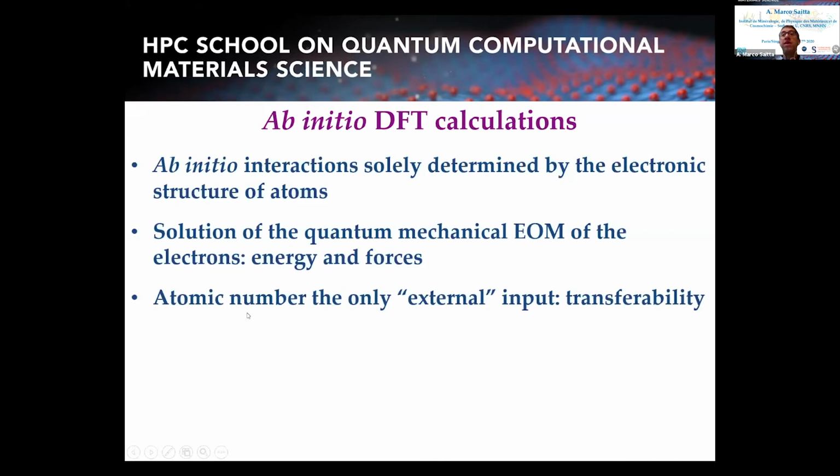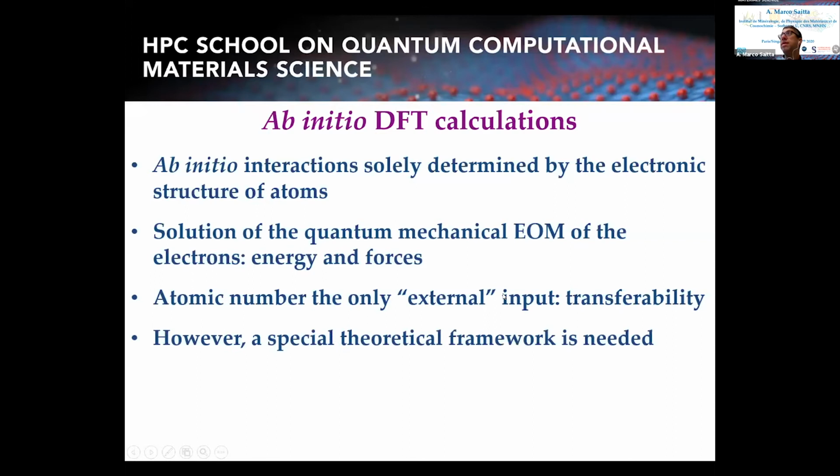If we have silicon in a surface, or in the bulk, or in a nanoparticle, the silicon atom is the same. So in principle, with ab initio methods, we can use the same silicon atom in all these different conditions. In a word, our calculation must be transferable.